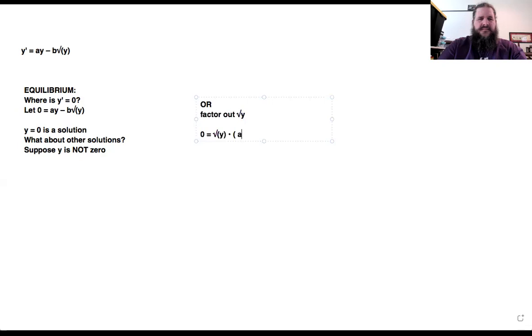A root y minus b? Yeah. Because y can be written as square root of y times square root of y. We're factoring out one of these square roots of y, and we're left with a times square root of y. And then b, we're just factoring out the single square root of y that shows up there. And note that this part is exactly what you get if you divide both sides by a square root of y.